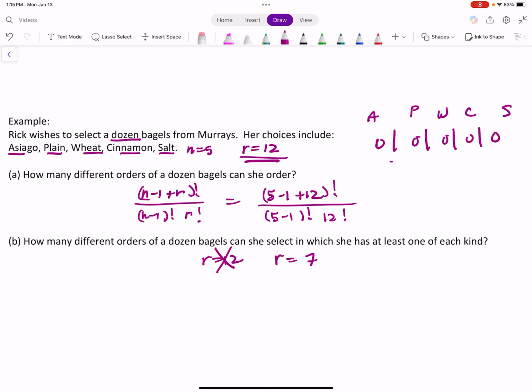So really the question becomes, how many different ways can 7 balls be placed into these 5 distinct bins where repetition is allowed? So we still only have 5 here, so we would have 5 minus 1 plus 7 factorial divided by 5 minus 1 factorial, 7 factorial. That's it.